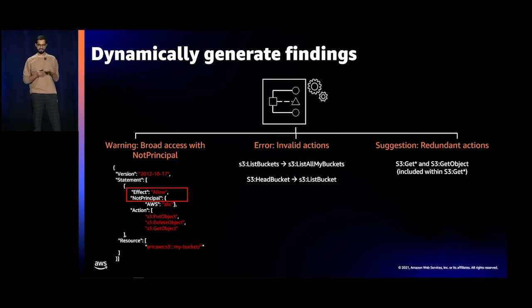Warnings are generated when a statement contains a construct that may make the policy prone to security risks. For example, the policy validation generates a warning when a policy construct allows an IAM principal to pass any role to any service, which may result in an escalation of privileges. Finally, suggestions.